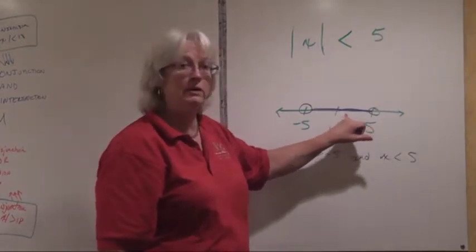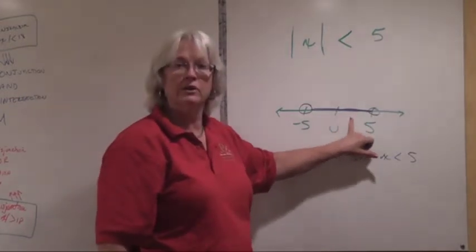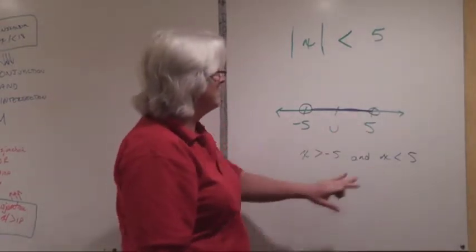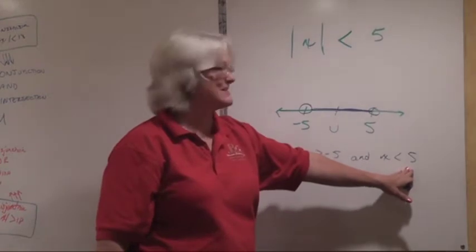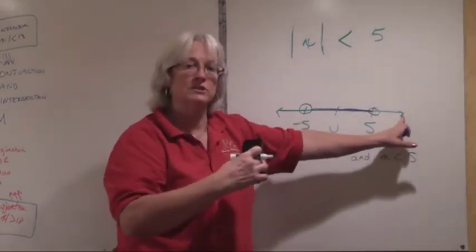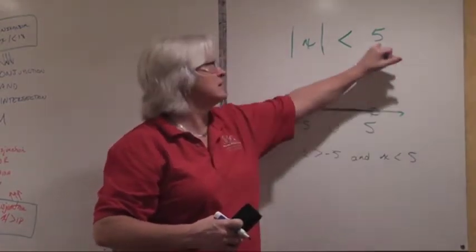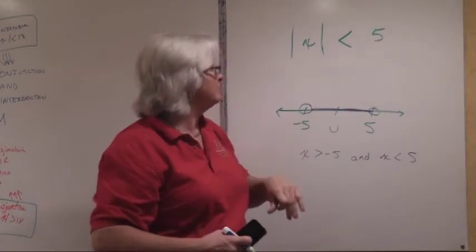What if x is 1? Well, it's certainly less than 5 units from 0. What if we said over here x was 6? Well, we're 6 units from 0 on the number line. The absolute value of that is 6, but we have to be less than 5.